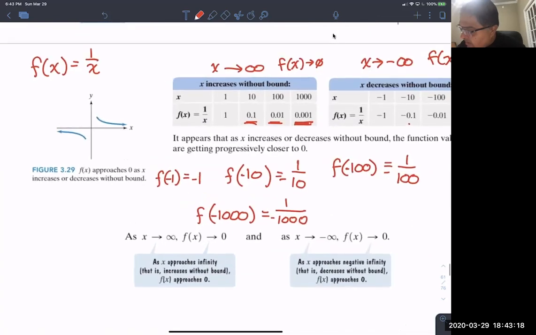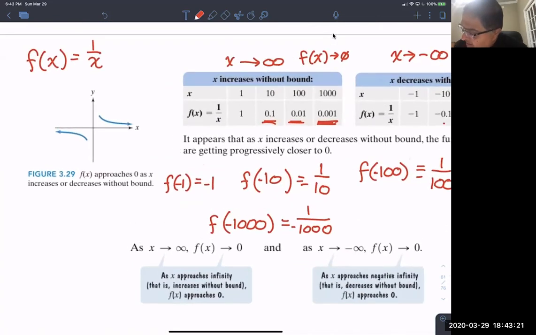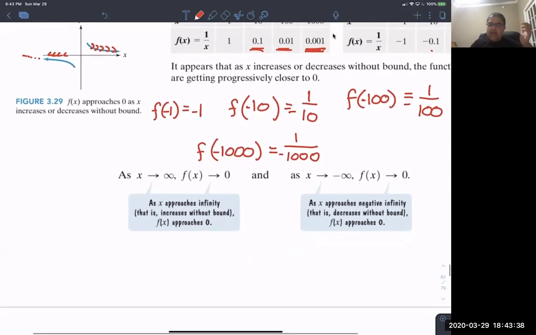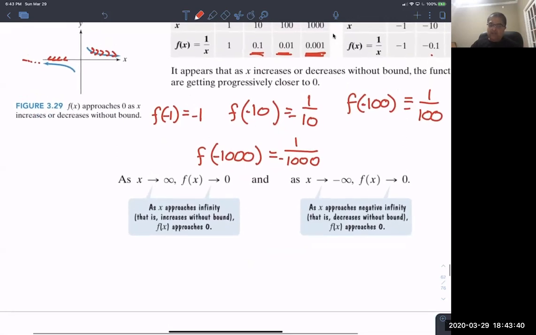Let me blow it up a little bit for you. As x is going to infinity, f of x is getting closer and closer to 0. And as x is going to negative infinity on this side, f of x is getting closer and closer to 0. And again, this is known as a horizontal asymptote.